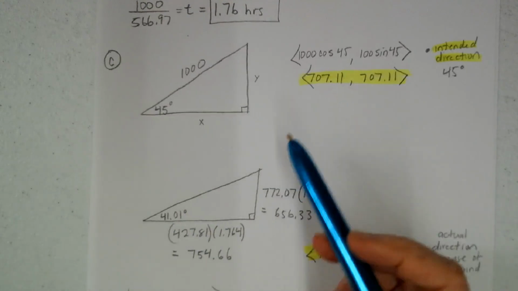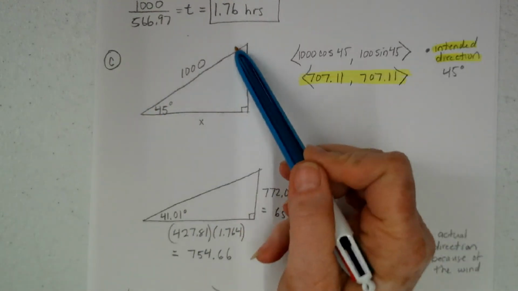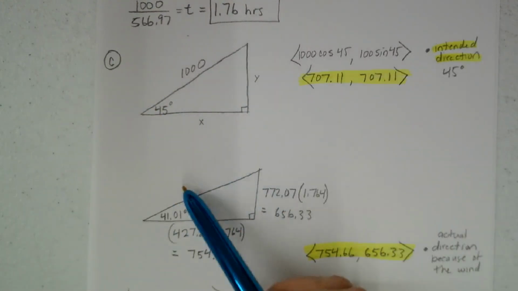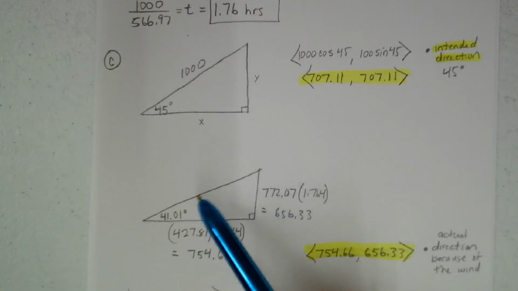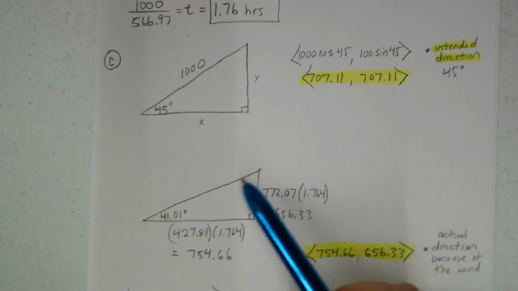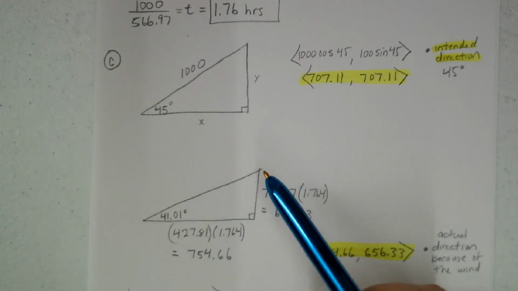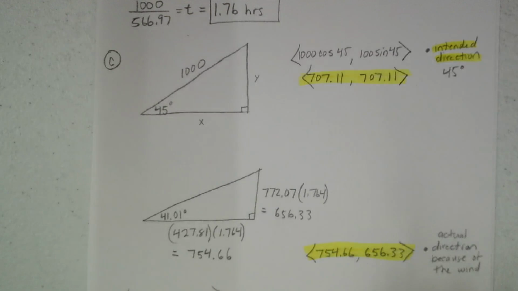He did just want to go straight like that, but the wind is making him go a little faster. The wind's giving him some extra speed, but it's also changing his direction. So if we want to know the difference, well, maybe it doesn't say the difference, but it says how far from his intended destination is he, given the situation in part B, which is the wind.